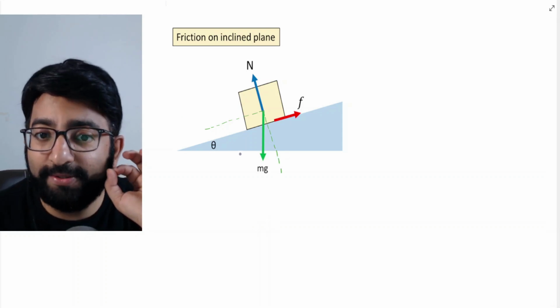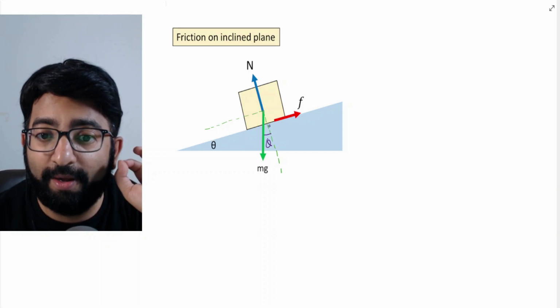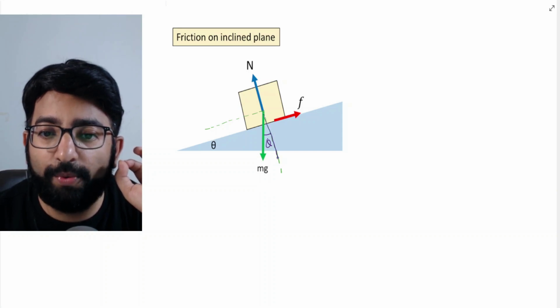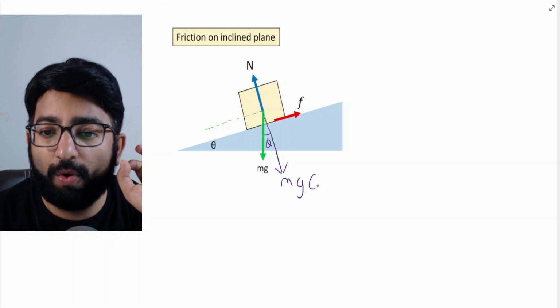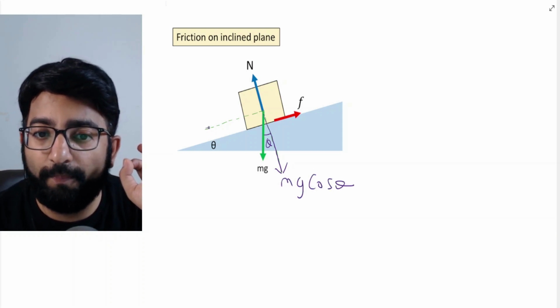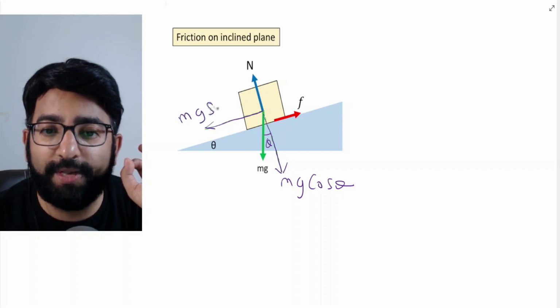If the angle of incline is theta, this particular angle will also be theta. Now the component of mg perpendicular to the incline will be mg cos theta, and the other component of mg, along the incline, will be mg sine theta.